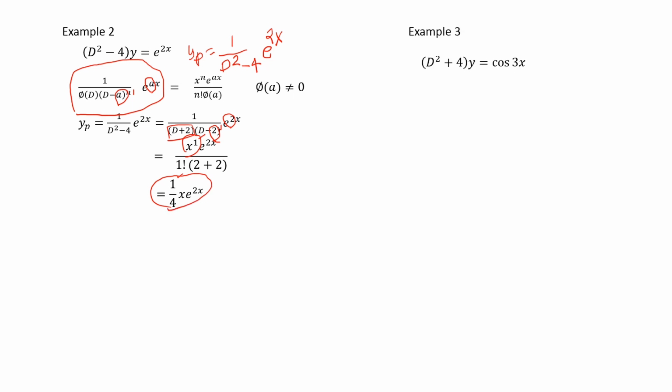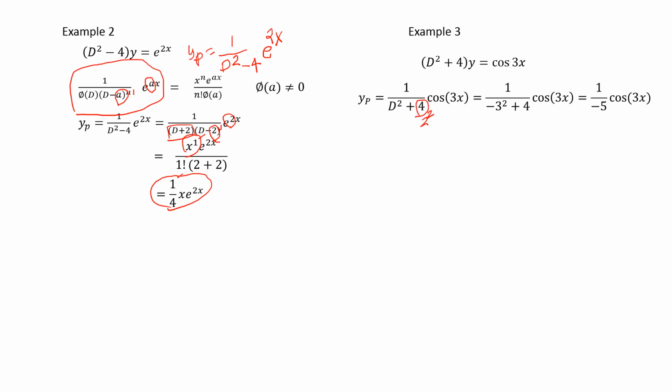Next, we have example 3. Find the particular solution of (D squared plus 4)y = cosine 3x. So your particular solution is 1 over D squared plus 4 cosine 3x. Now, this 3 is different from 2 squared there. Remember that 4 is the same as 2 squared.